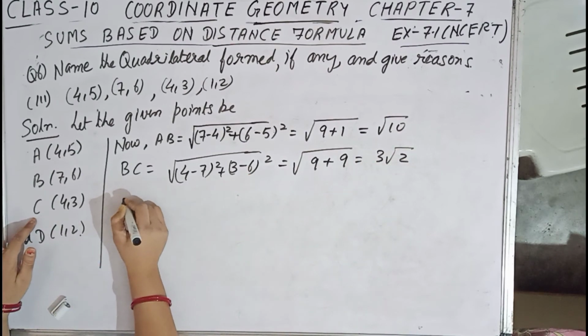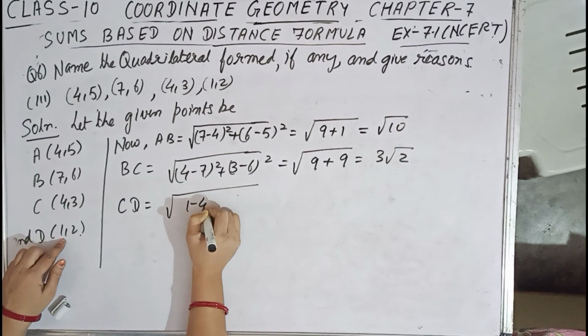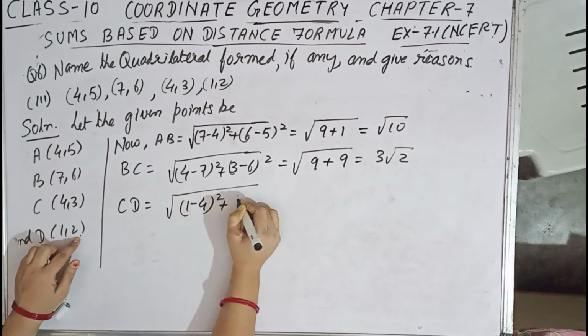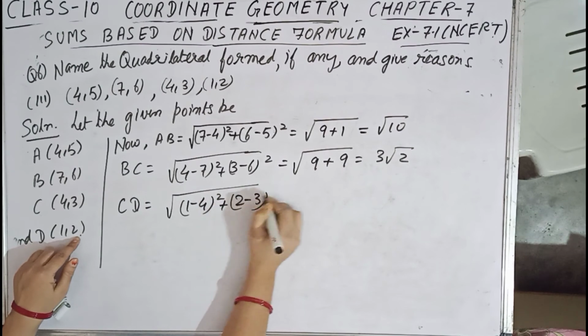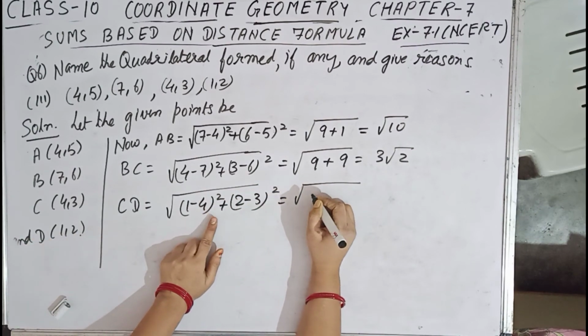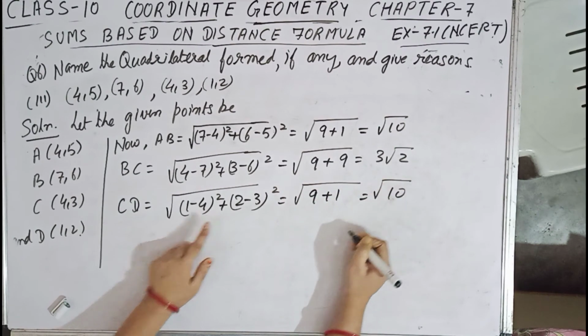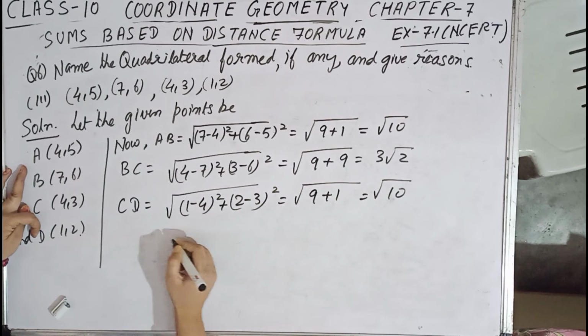AB, BC. Then CD. CD equals (1 minus 4) square plus (2 minus 3) square. So this will be minus 3 square, that is 9, and plus 1, that is under root 10. AB, BC, CD, and then DA.